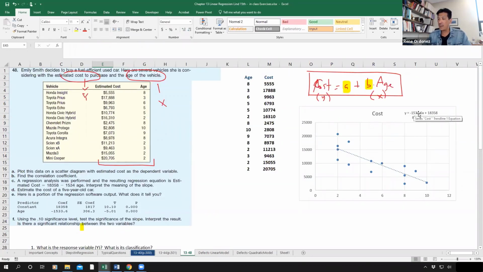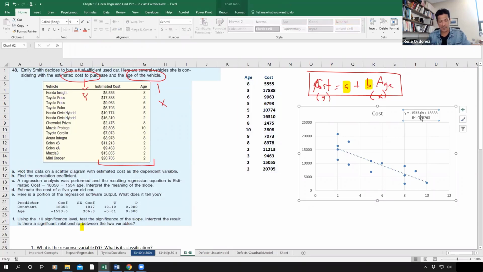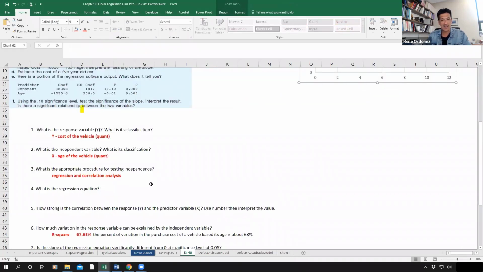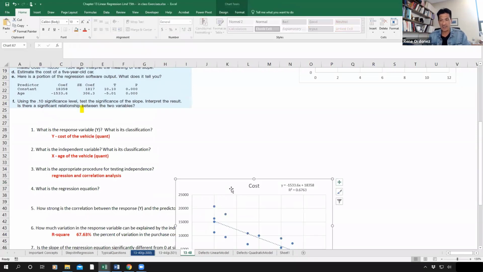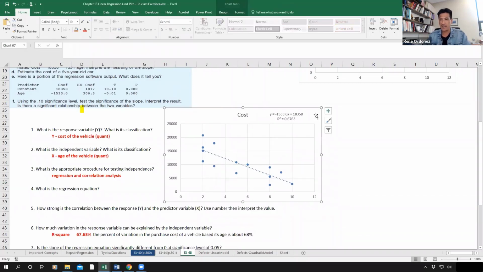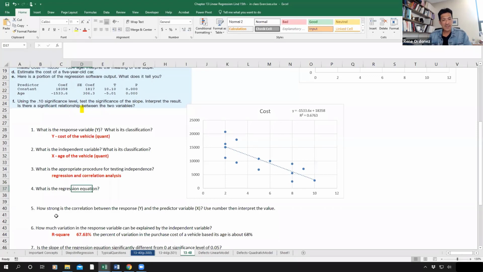Okay, so we can also use this. Let me copy that, see if I can copy that and paste that here. Oops, that just copied the plot. We can answer this question by using this, right? So the equation says that purchase cost is equal to 18,000 is the y-intercept.